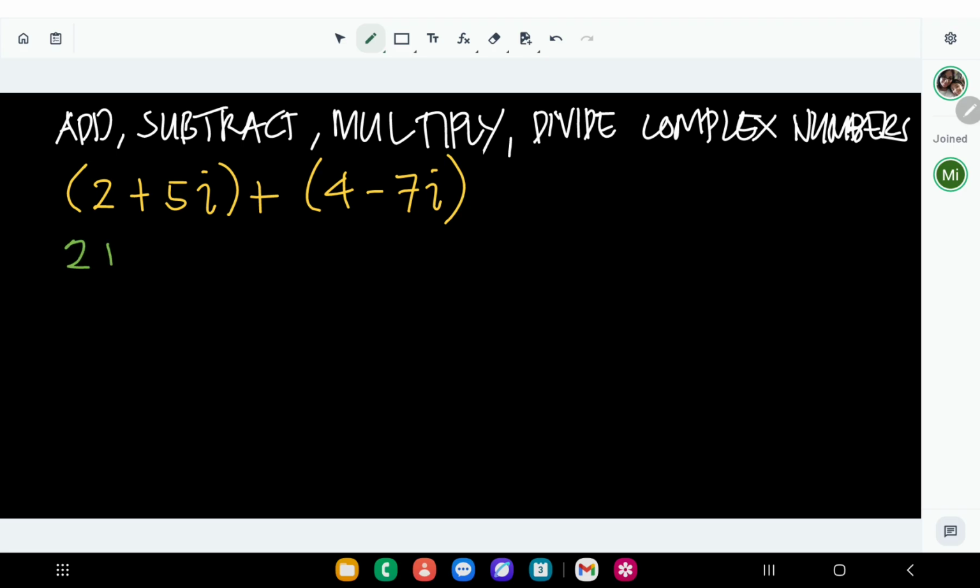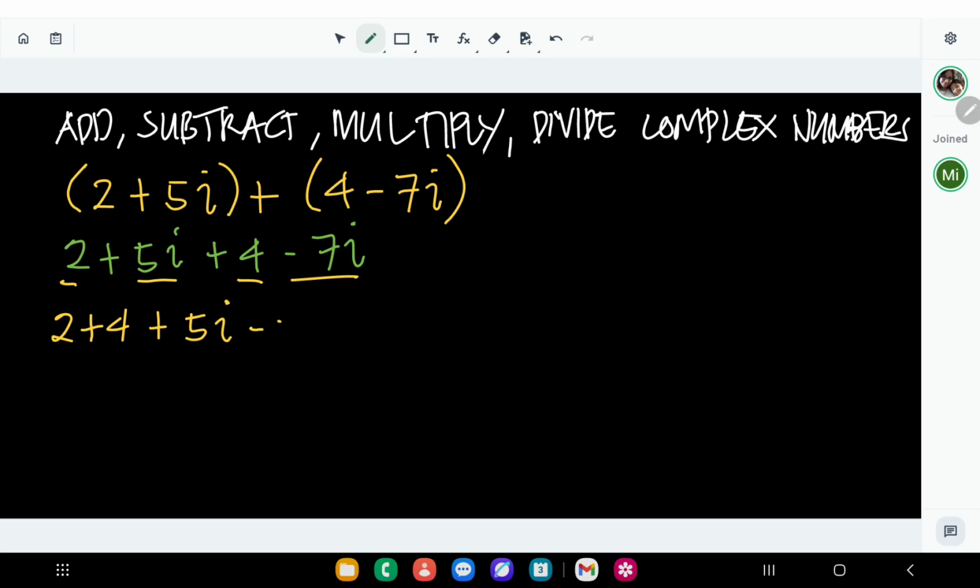So this becomes 2 plus 5i plus 4 minus 7i. Then we group like terms. We have the constants 2 and 4, so that is 2 plus 4. And then we group 5i and negative 7i, so that is plus 5i minus 7i. And then we simplify.